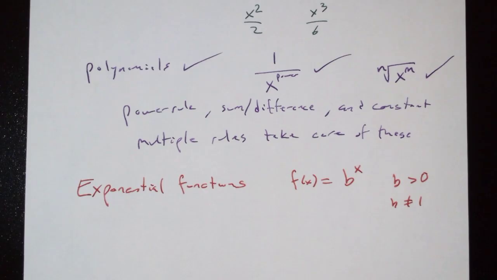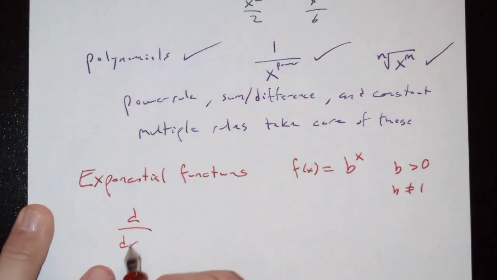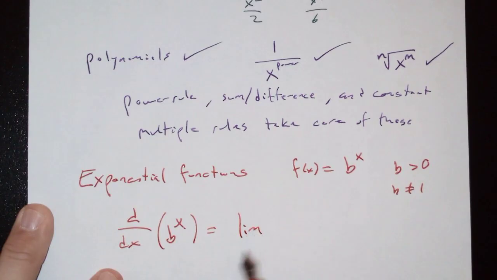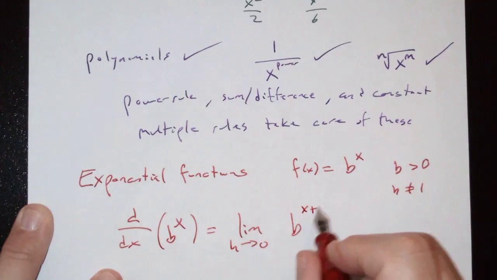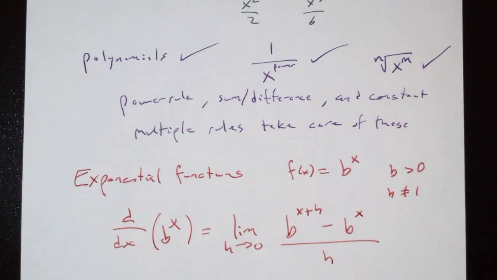All right. If I want the derivative of this thing, it doesn't match any of those other functions up there. I have to do it from scratch. So the derivative of b to the x power is the limit as h goes to 0 of f of x plus h minus f of x over h.